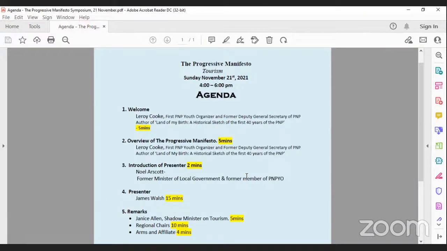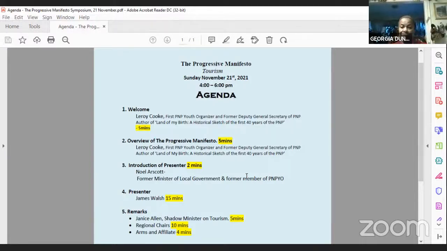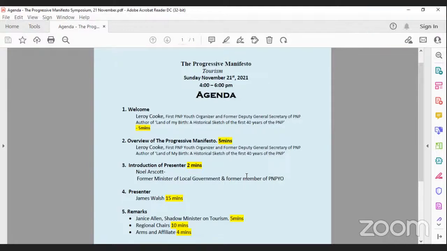These discussions are part of the activities for the 50th anniversary of the PNP Youth Organization, which I am told was officially launched in July 1972. So next July would make it 50 years. We have been having activities leading up to that culmination next July. One of these activities has been this series of discussions on what we call the Progressive Manifesto.